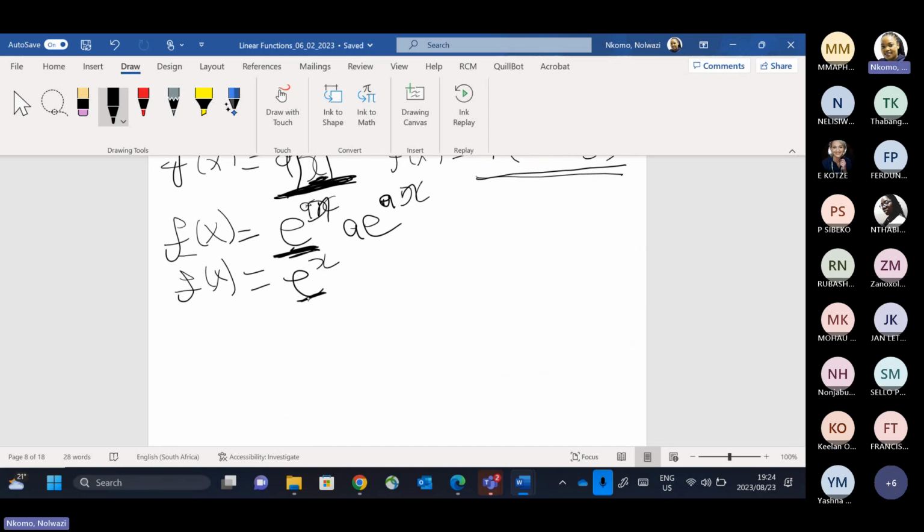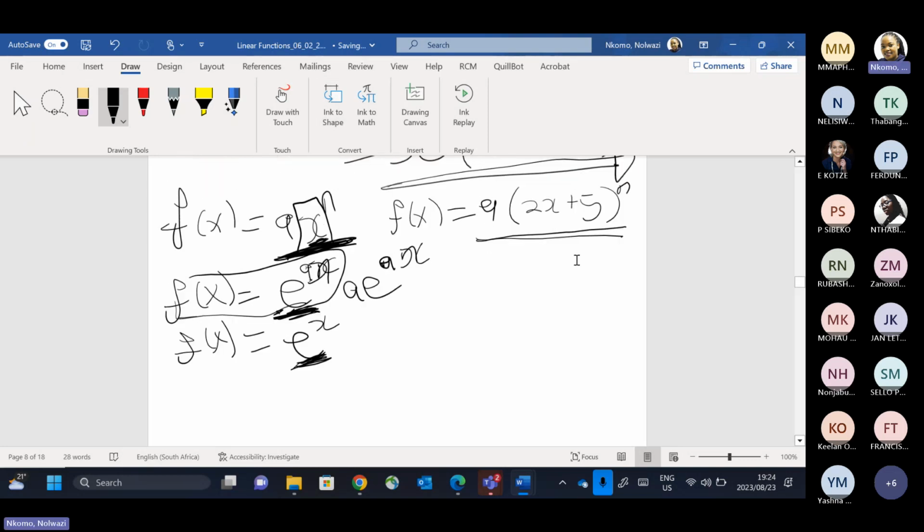If we have a function like this, it's easy to differentiate because you just take this constant and multiply with it. And if you have e to the power x, the derivative of this function would be the function itself.